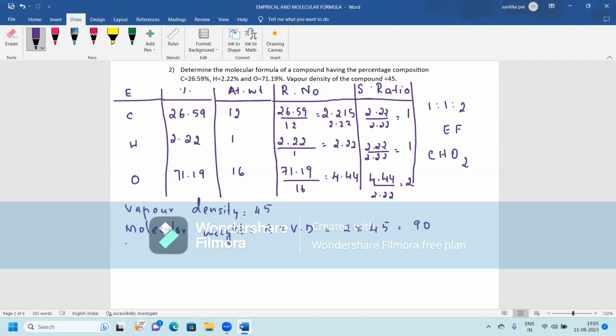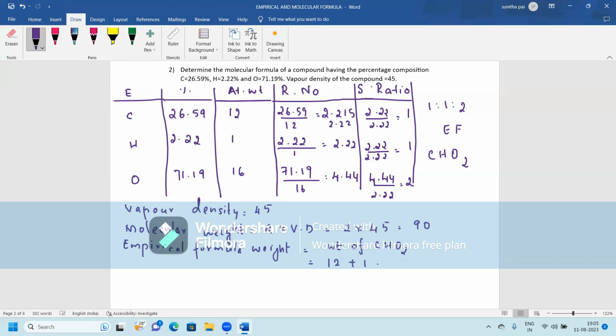Then to find out the molecular formula, we also need the empirical formula weight. Empirical formula weight, which is equal to the weight of CHO2. How do I calculate? Carbon's atomic weight is 12.